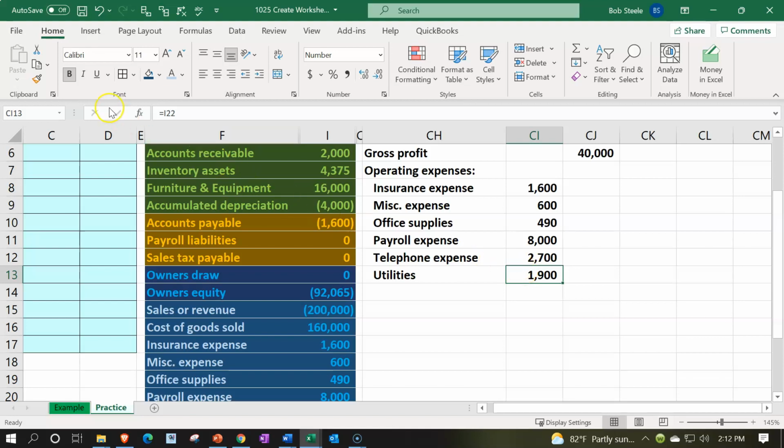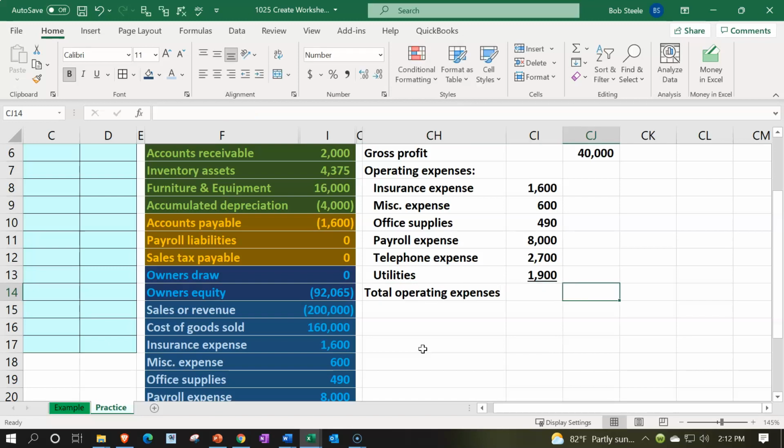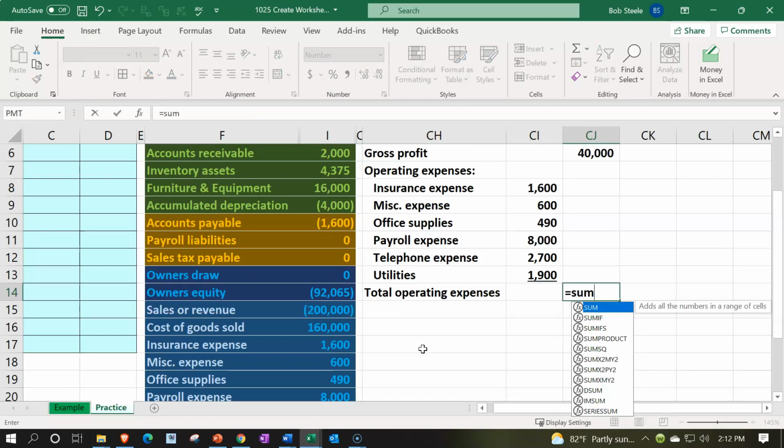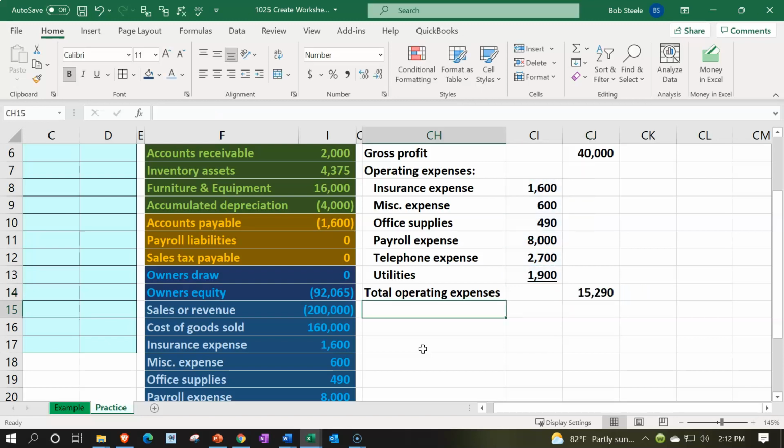Okay. So then we're going to go to the font group and underline it here. And we'll call this total operating expenses, completing our subcategorization here. It equals the SUM of the column that's inside. I'm going to indent this two times now by going to the alignment group, indent, and underline here in the 15,290, font group and underline.